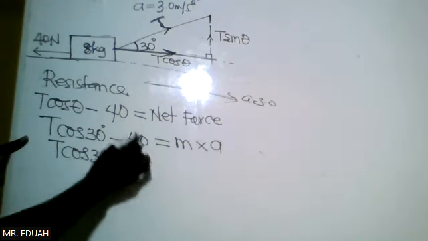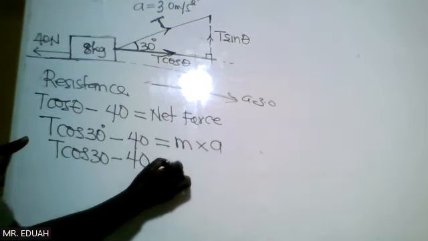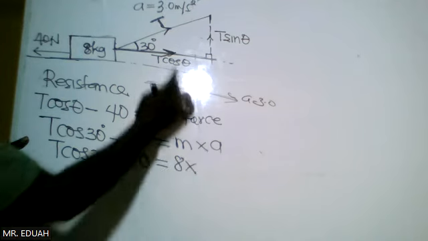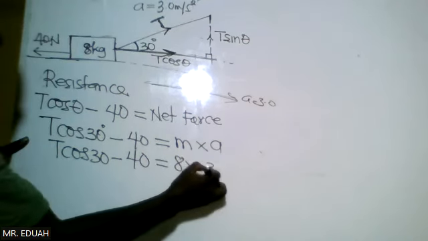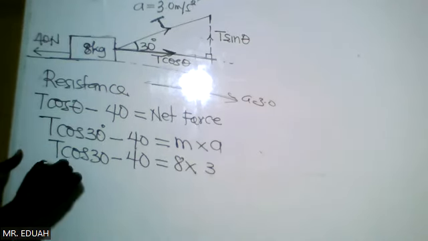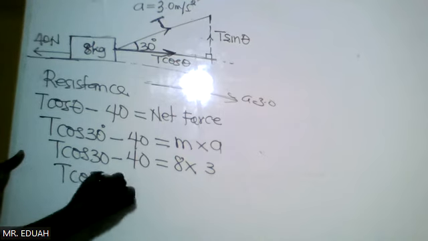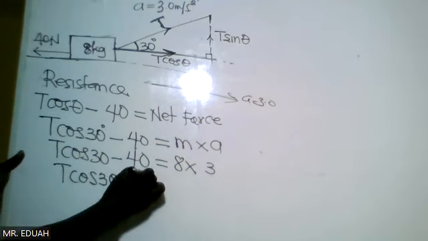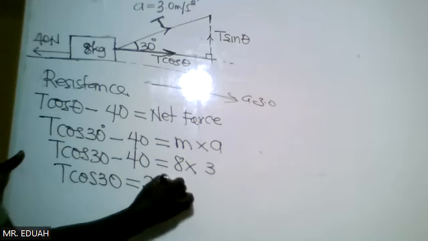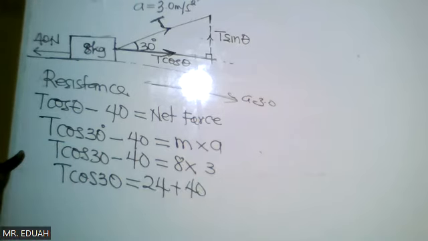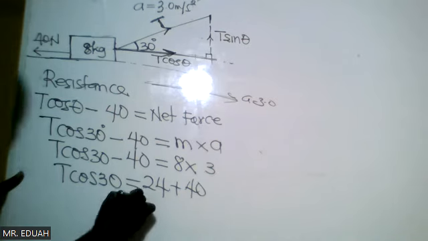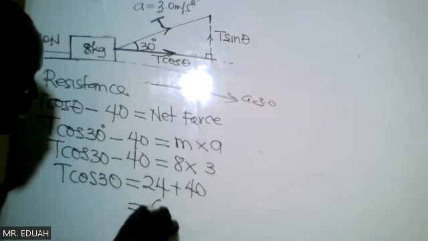The mass of the body is 8, so 8 times acceleration, which is given as 3. Therefore, T cos 30 is equal to 24 plus 40, which is equal to 64.